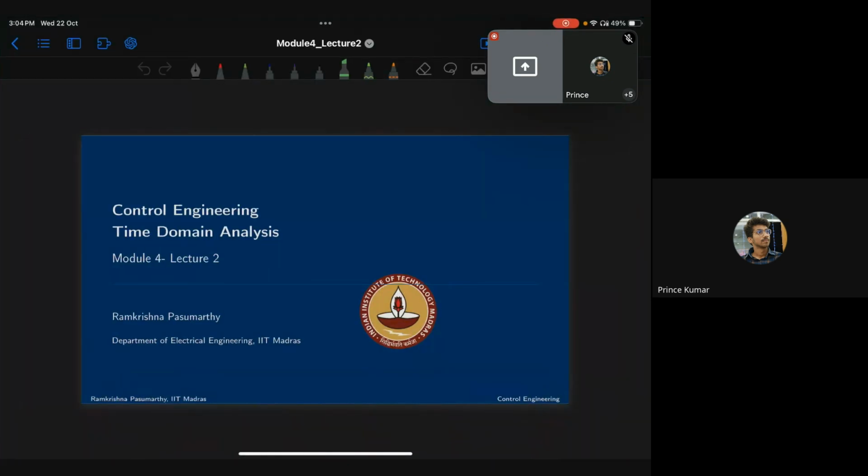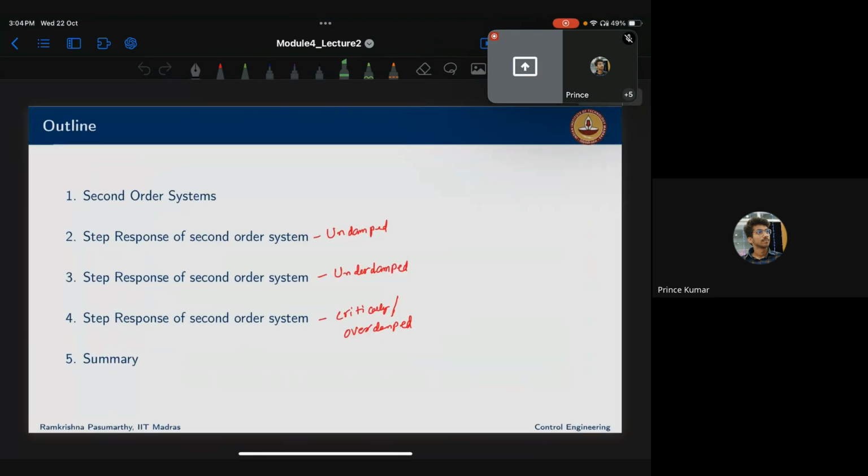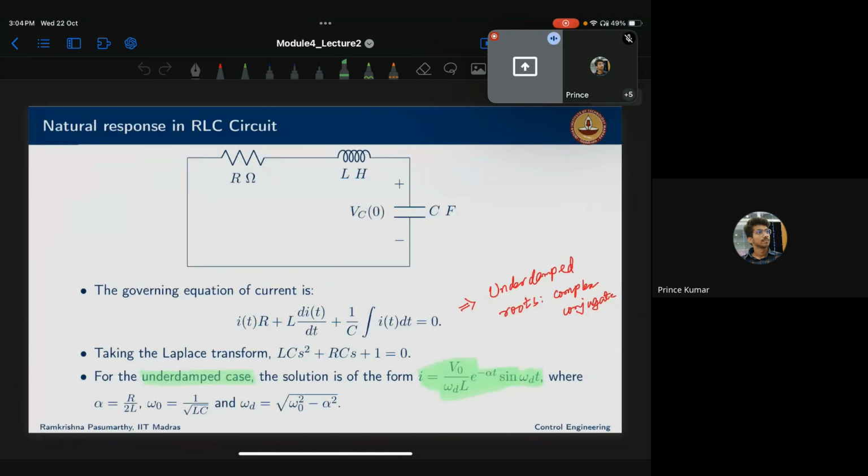Okay, so now we'll see the same similar concept for the second order system. You can see in the previous circuit, we considered R and L only, whereas now we are considering the capacitor also. Here R, the resistor, is a general element, whereas inductor and capacitor are the energy storing elements.